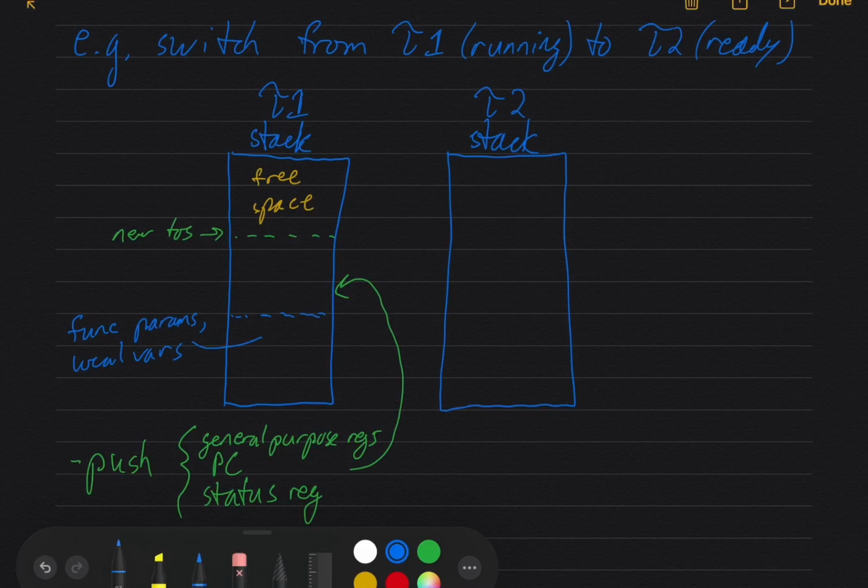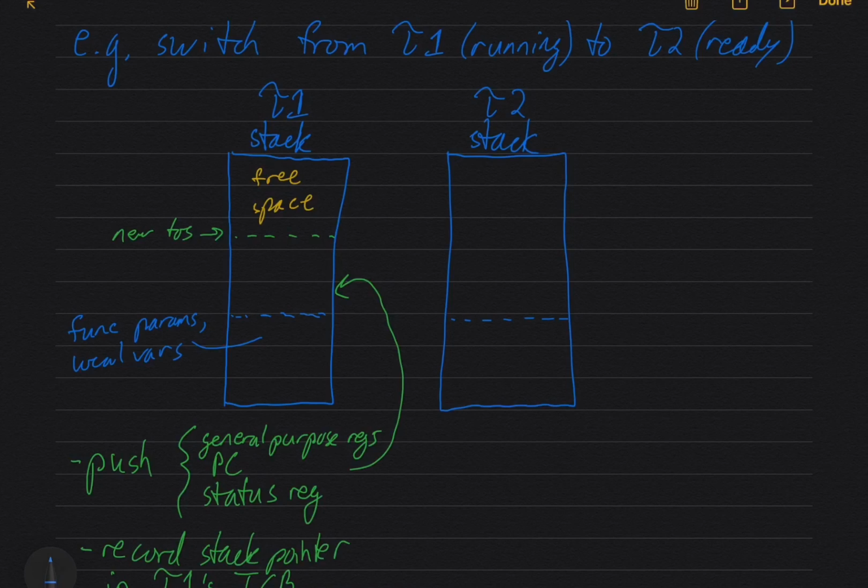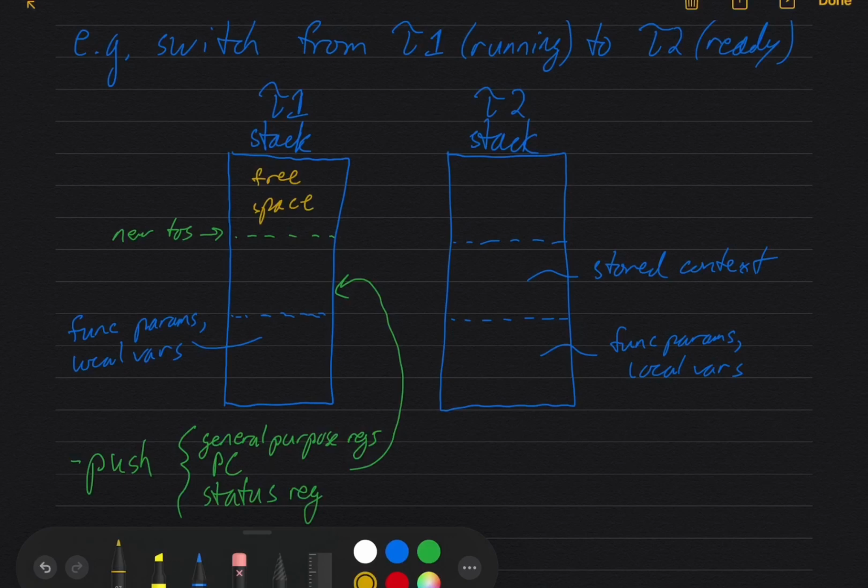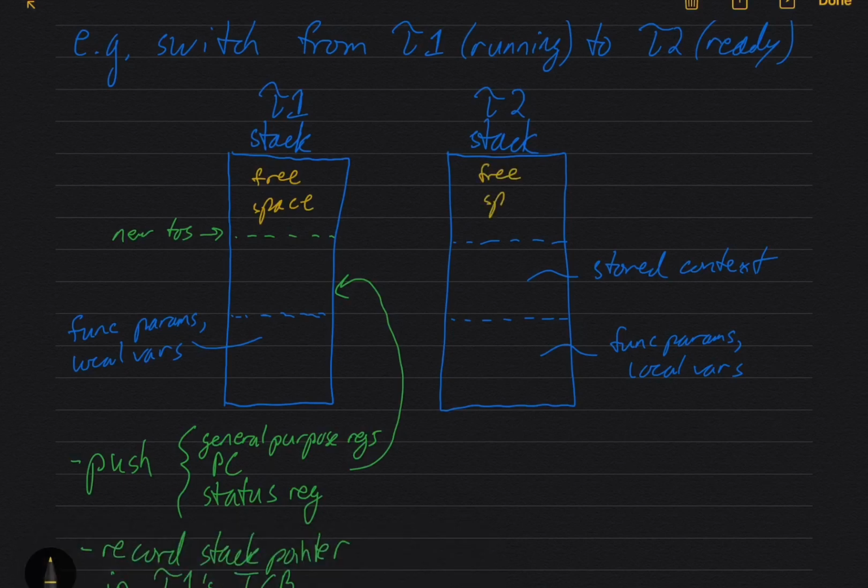So what task 2 is going to look like is here we'll have the function parameters and the local variables that are for wherever it left off in execution last. And then on top of that, we have the stored context. So this was stored before, and then above that we have free space.